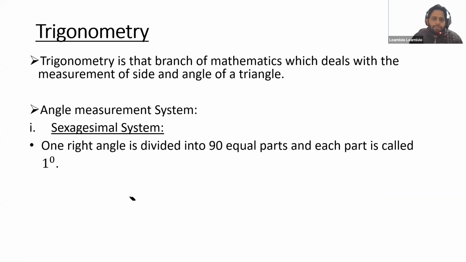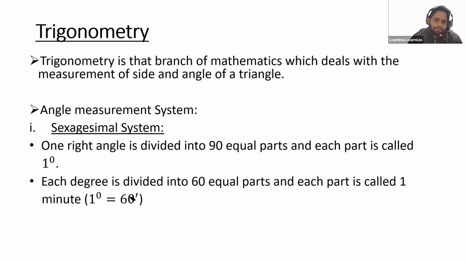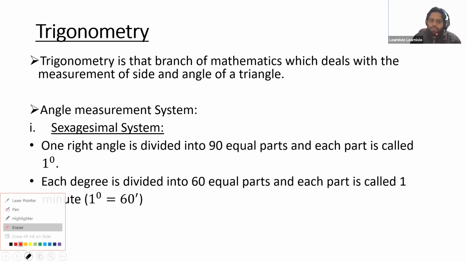Now next, there is one more smaller unit other than degree, that is a minute. So 1 degree is equal to 60 minutes. Now what is a minute?